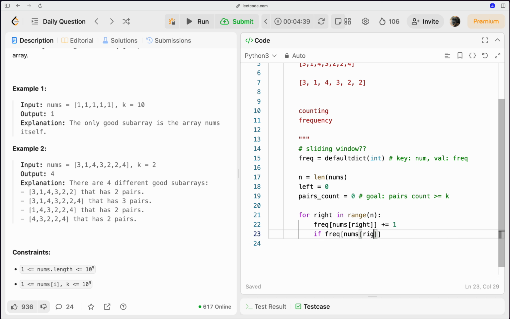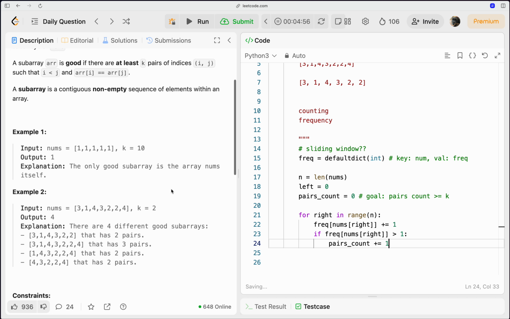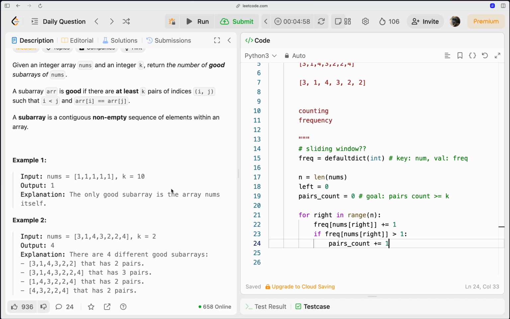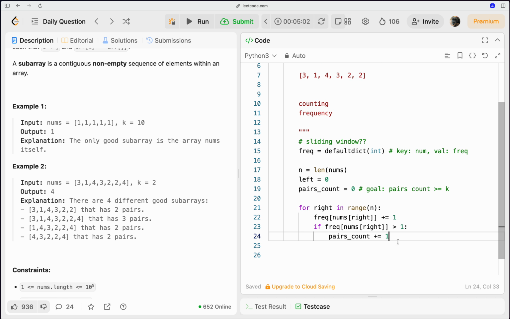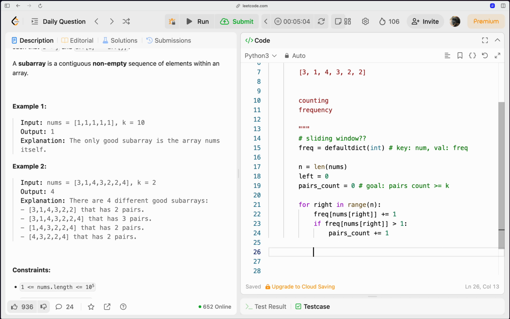If frequency nums at right is greater than 2, sorry, if it's greater than 1, then we know that pairs count can go up by 1. So now it's like this.